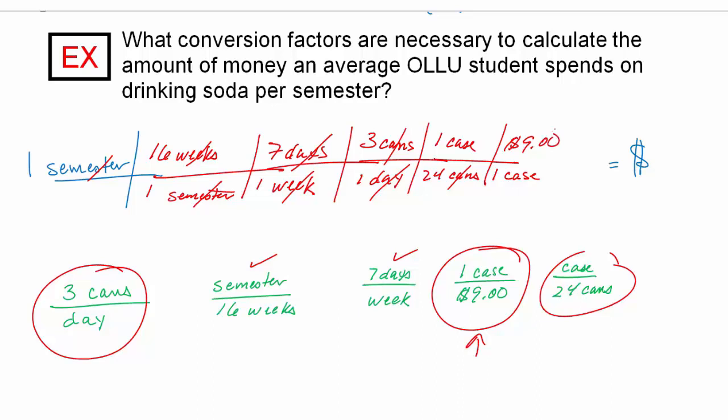So anything on top, multiply. Bottom, divide. So we'll have 1 times 16, 16 times 7 times 3, divide by 24, times 9, about $126. So that's not bad for an entire semester.